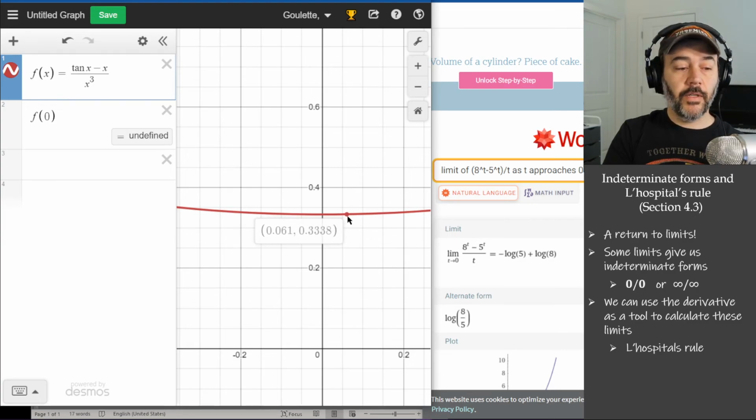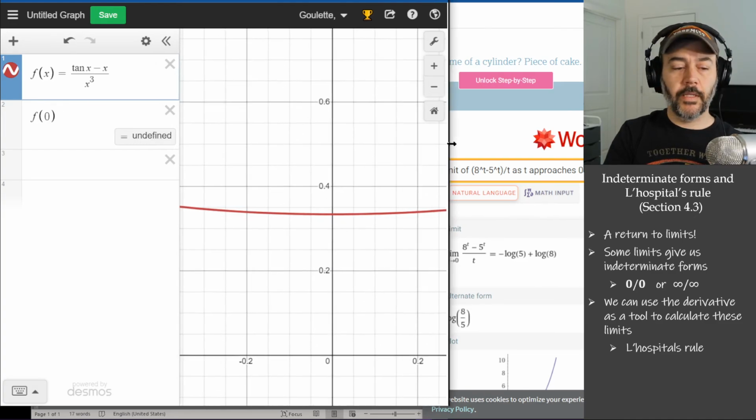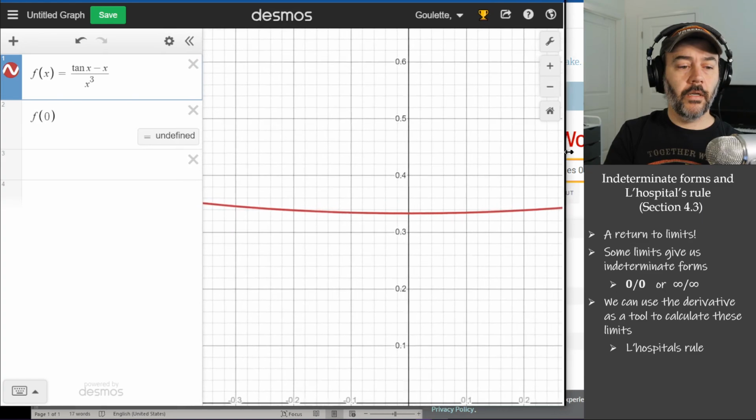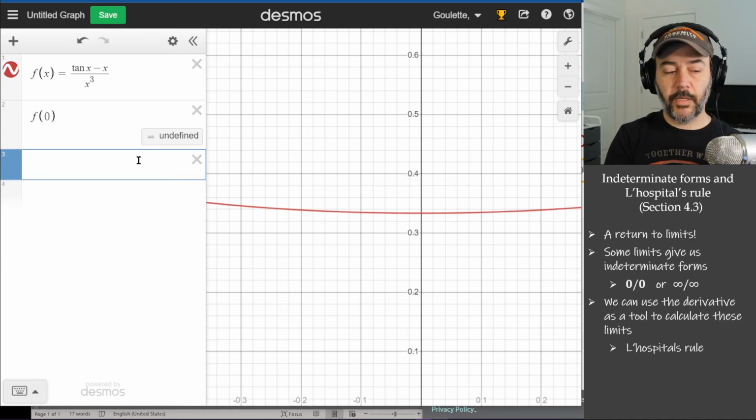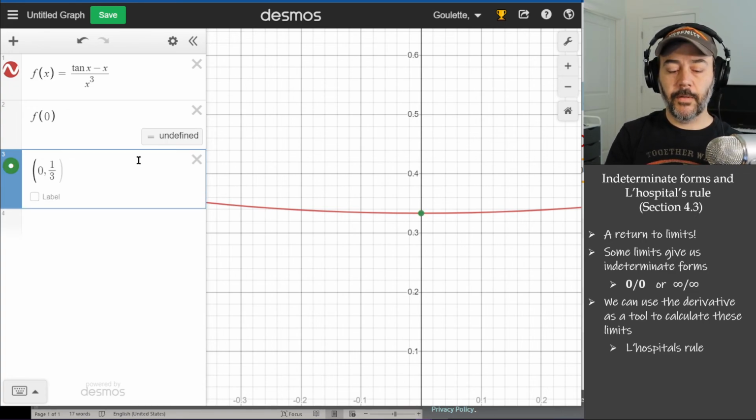Notice the y coordinates of these points as I get closer and closer are getting closer to 0.33333. Notice this is getting closer to 0.3333333, and this is getting closer to 0.333 on the left. So that's one way to determine it. And you can also visually see it by going 0, 1/3. That was our limit value we found.